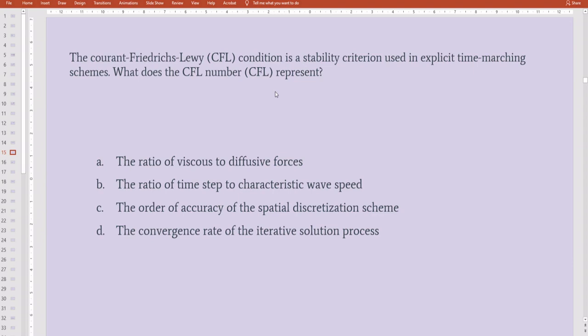Option B, ratio of time step to characteristic wave speed. Option C, order of accuracy of spatial discretization scheme. Option D, convergence rate of iterative solution process. So what is this CFL criteria?